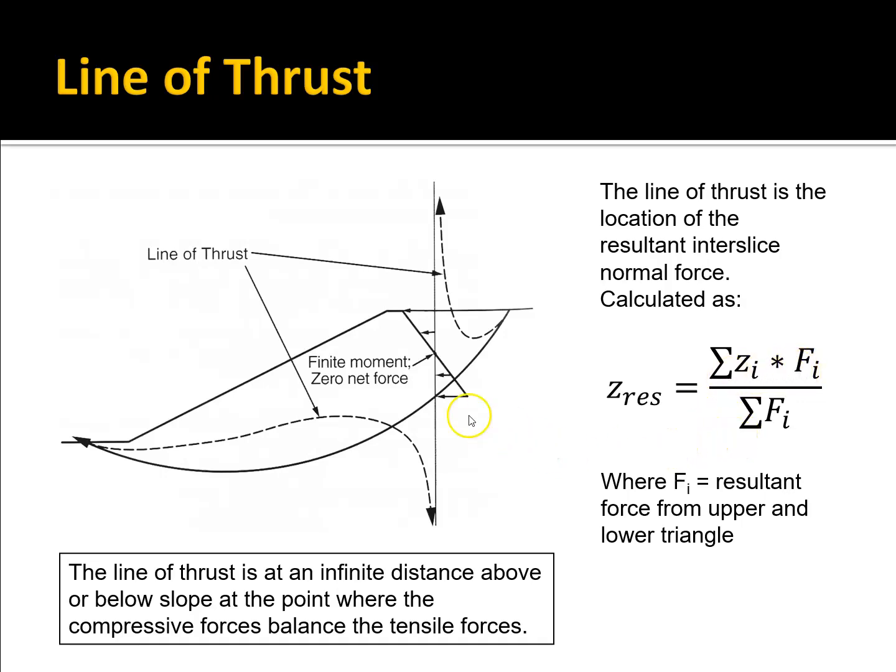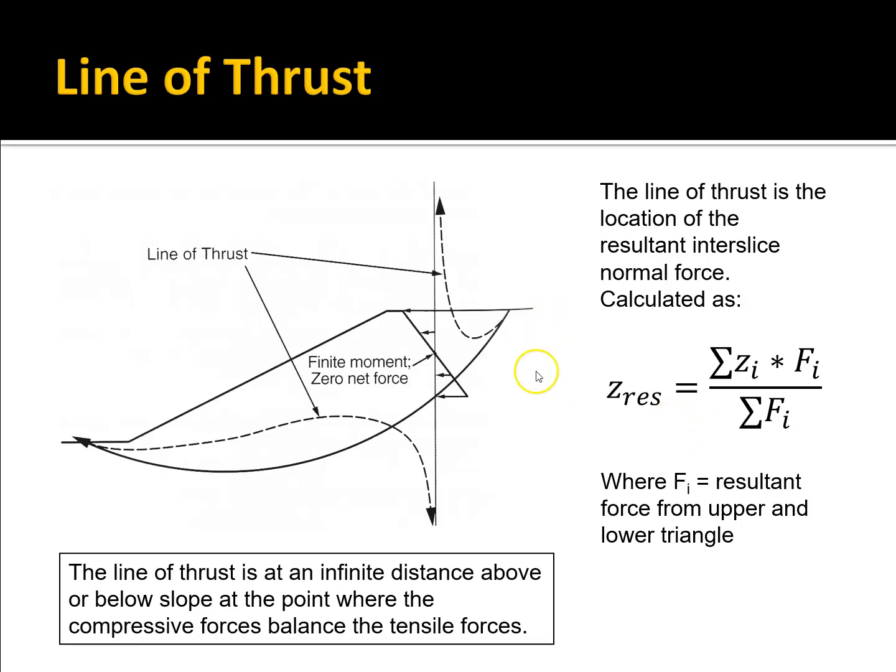Well, what happens though is, based on the depth of the slice, you'll reach a point somewhere along here where the upper force almost balances the lower force. So this sum at the bottom approaches 0.